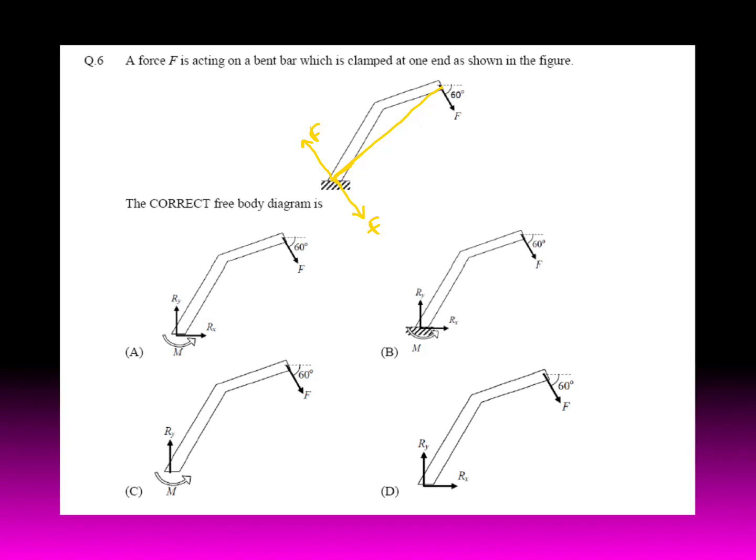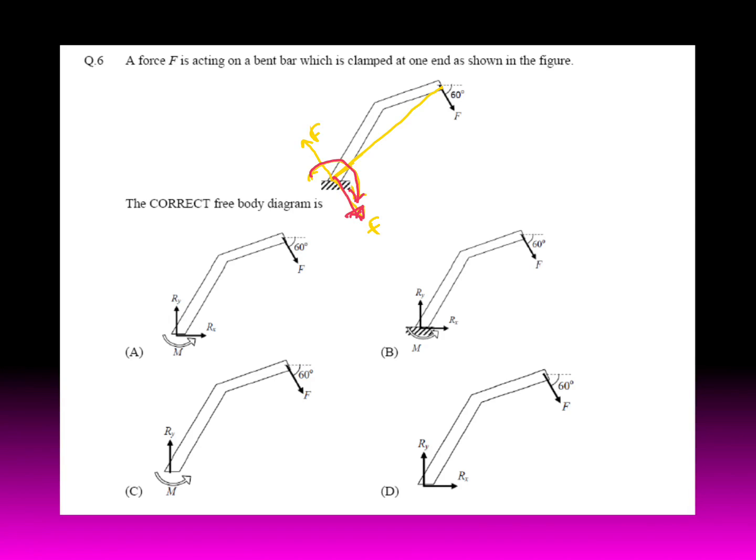So you will get a couple here, it's clockwise, and a force, in red color I will mention. You will get a couple like this and a compressive force like this.